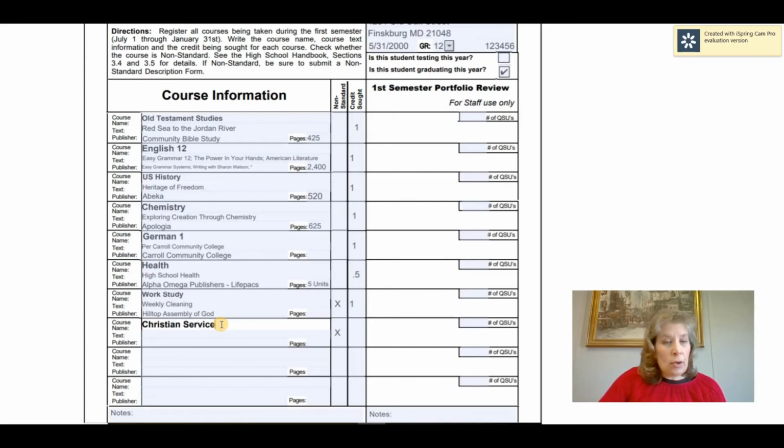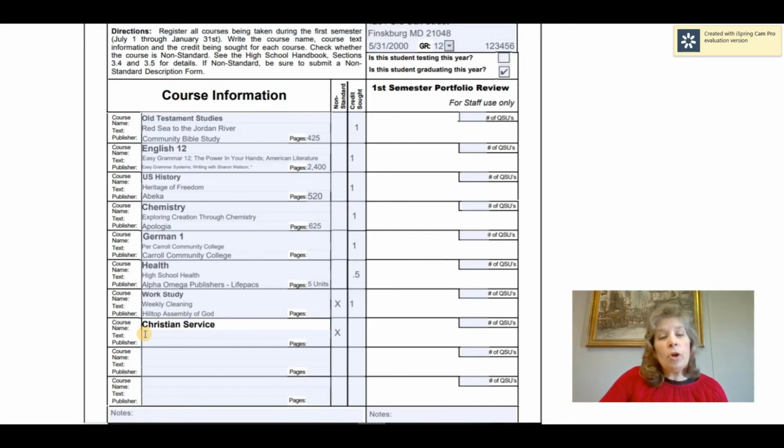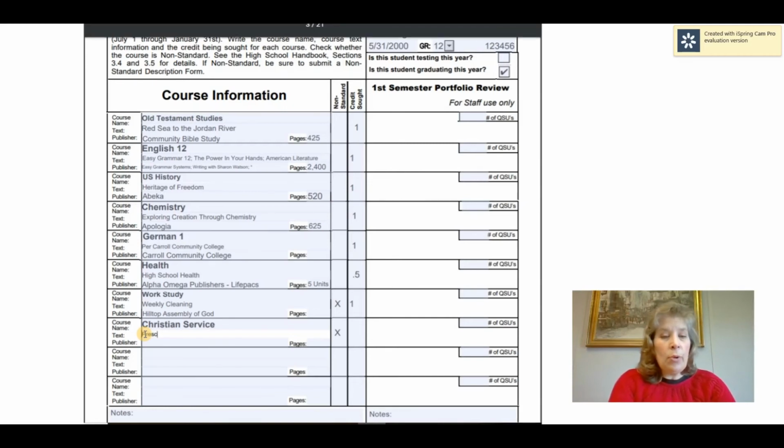The next course that we are completing this year would be Joshua's Christian Service. He already has some Christian service from the prior years, so we're only seeking a half credit this year. He will be doing all of his Christian service on Wednesday mornings at Community Bible Study, and for the text, I'm going to list the activities that he will be helping with.